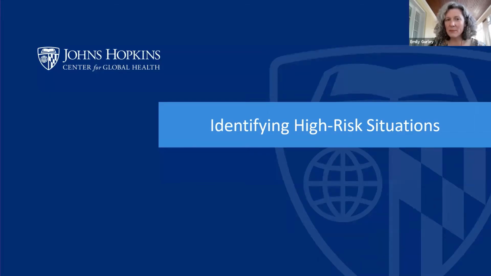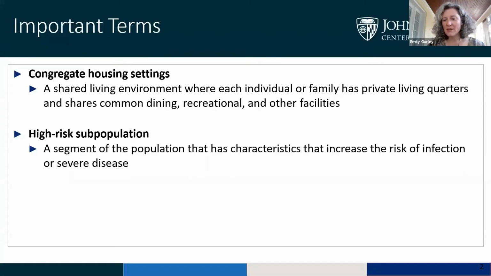A really important part of contact tracing is identifying cases that could be at high risk for super spreading events, or people who live in settings where risk of transmission is really high. Congregate housing settings is one example. Other high-risk subpopulations that have increased risk for severe disease is another example.